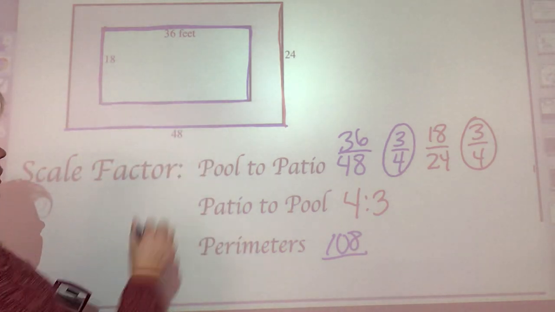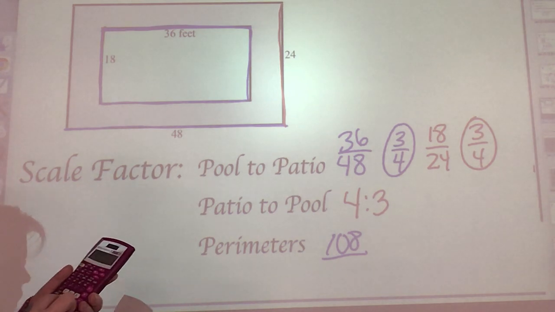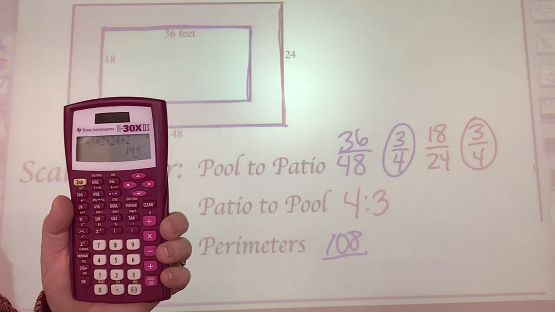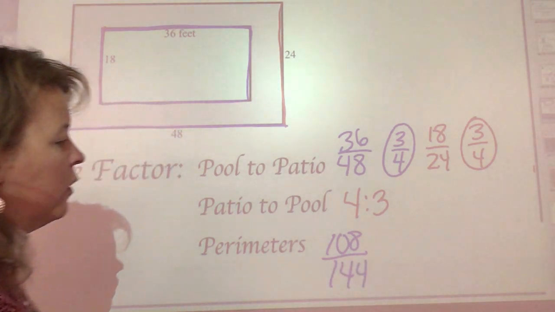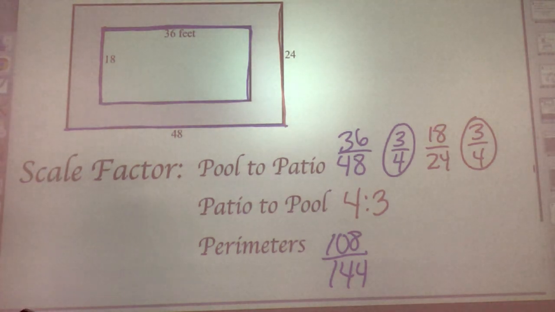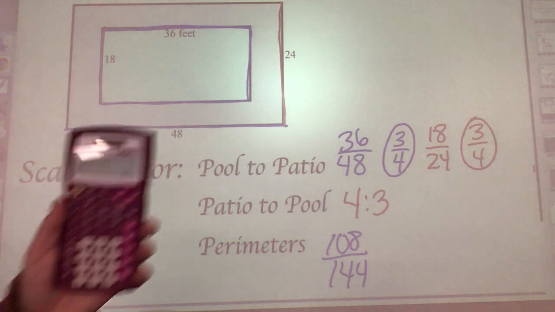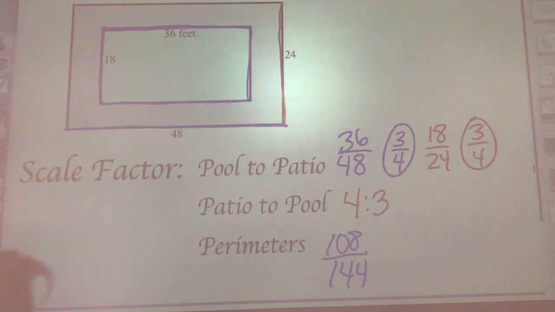Then you do the same with the pool, 48 plus 24 plus 48 plus 24, or 48 times 2 and 24 times 2, add them together. 108 over 144, check this out. Divide them both by 36. 108 divided by 36 is 3. 144 divided by 36 is 4.